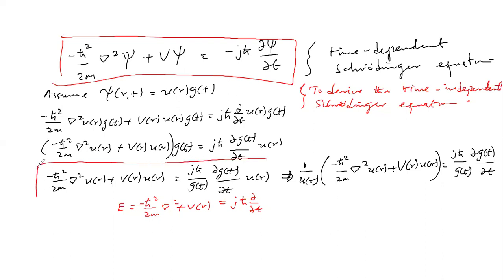This and this. And if we should pull this out and then exclude this, more like we want to exclude this, and then take note of this, because once we pull this out, let me show you, this is the same as h cross squared over 2m nabla squared u(r).